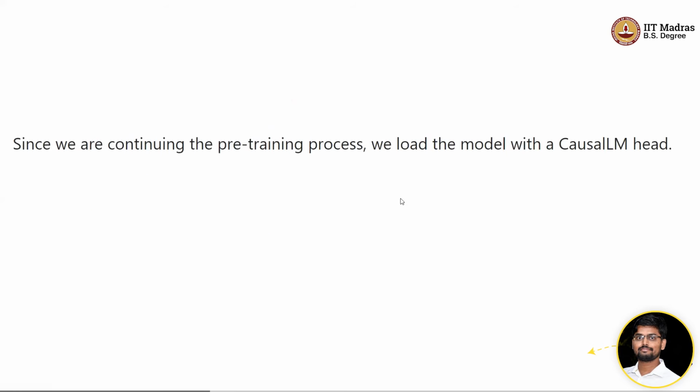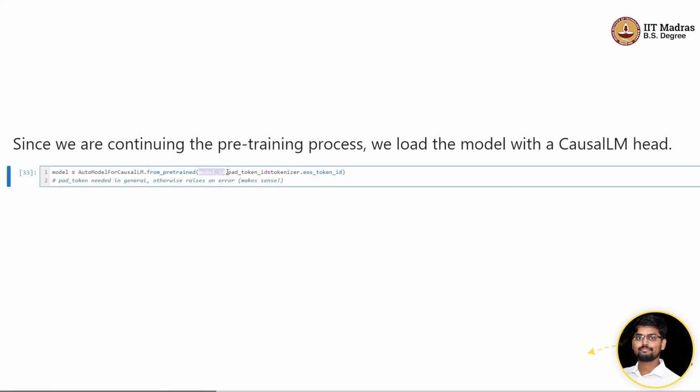Okay. So as usual, we have to load the model. For that, we use AutoModelForCausalLM, and there we are passing the model ID, which we have set to Llama 3.2 1B, and also we are setting the pad token ID, which is typically the end of sentence token. So once we load the model with the pre-trained weights.